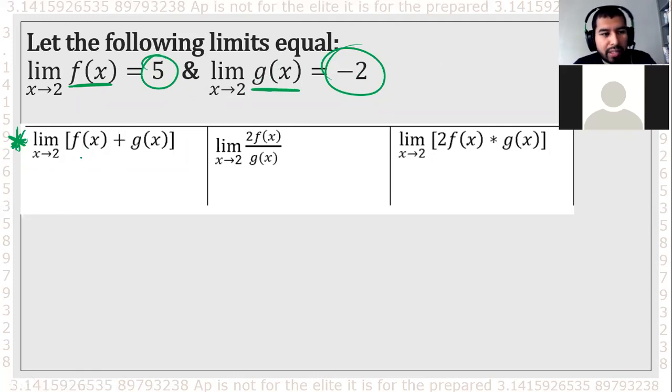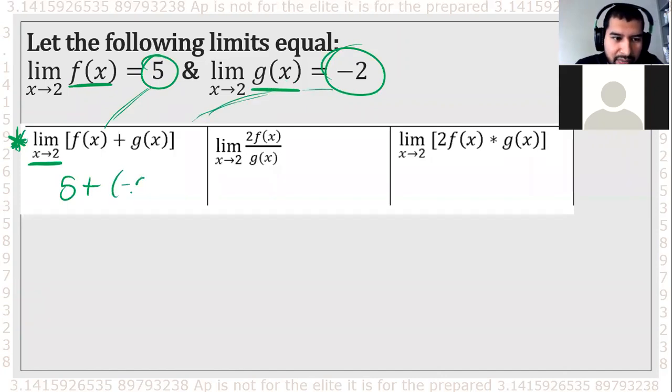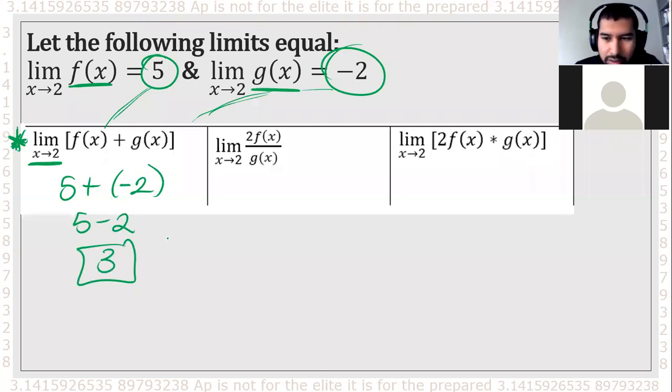Okay, hopefully you guys were able to try this one. The f of x plus the g of x as x goes to 2. So that means my f of x is right here, right? So it's going to be 5 plus my g of x, which is this right here, which is -2. So in reality, it's 5 minus 2. So that gave me 3 as my solution.